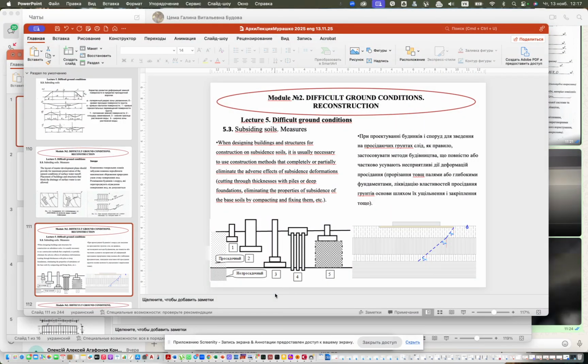Because, for example, in Odessa, during the last 40 years, the level of underground water rose by 14 meters or something like that, because just after the Second World War, the level of underground waters in Odessa was more than 10 meters, and right now most of the center of our city has underground water at a level like 2 meters.